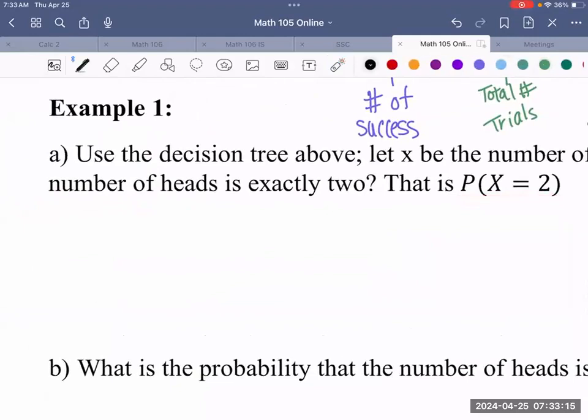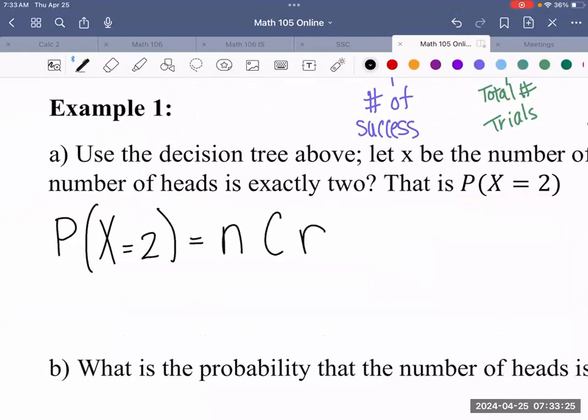So in our case, the probability that x is equal to 2, the number of successes, is equal to nCr. So how many trials did we do in your decision tree? How many coin tosses? Well, we did 3 coin tosses, of which we're looking for our success to be 2.